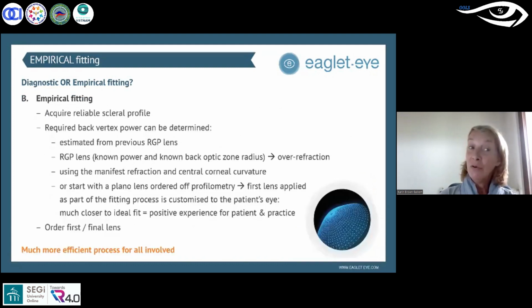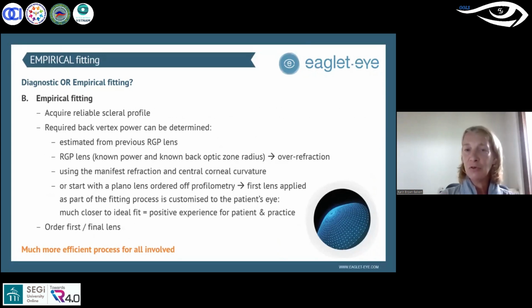So looking at empirical fit, it requires a reliable scleral profile. So we are going back to taking good measurements. Depending on which profilometer you use, in our case, you would need to use fluorescein. You need a mix of hyaluronic acid with fluorescein to get a nice stable tear film, which also means that if you have a dry eye patient, they will use their drops a little bit more before they come in, to get that stable tear film, to get that reflection, to get your grade map.